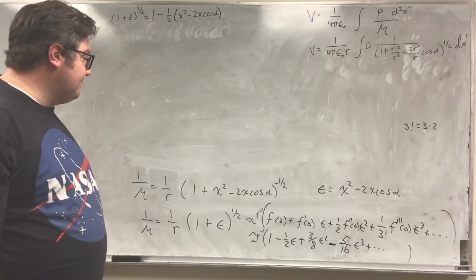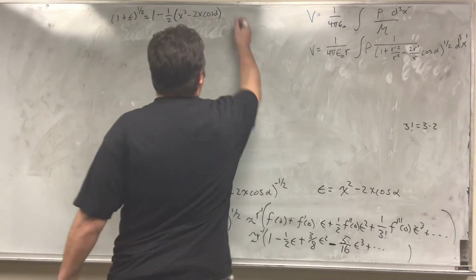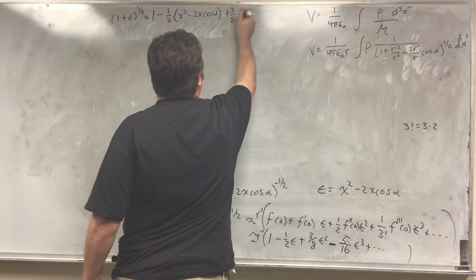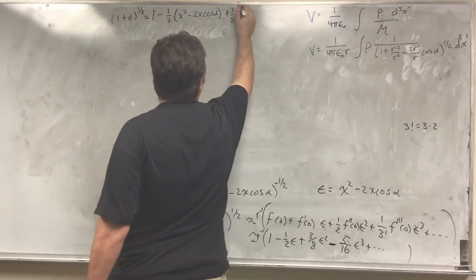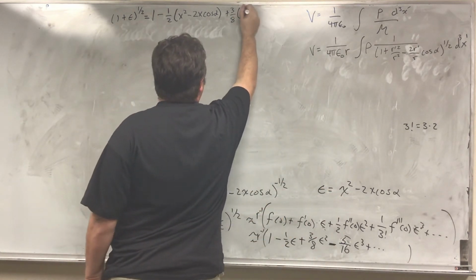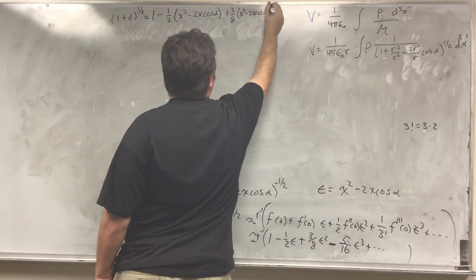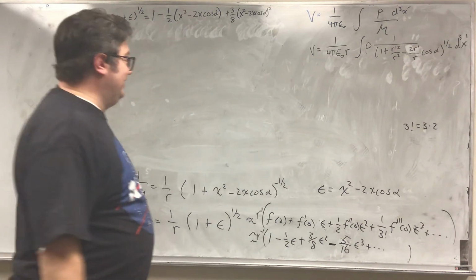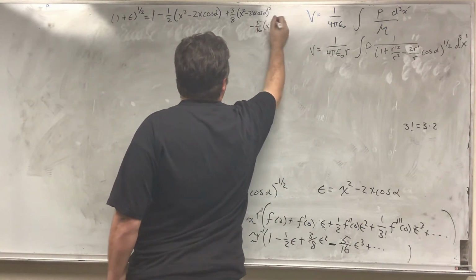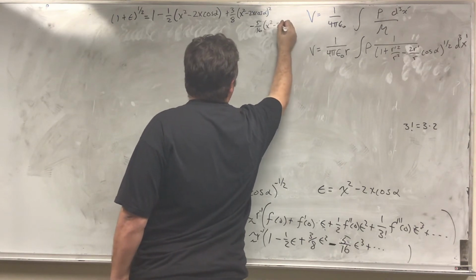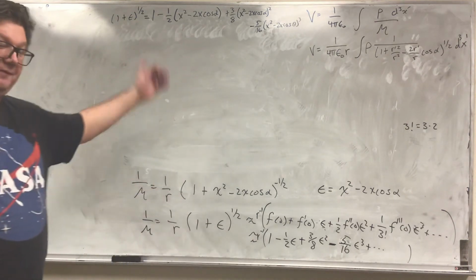Then you have plus 3/8 times epsilon squared, and what we have is 2x cosine alpha squared. And then, of course, minus 5/16 x squared minus 2x cosine alpha cubed, and so on. Okay?